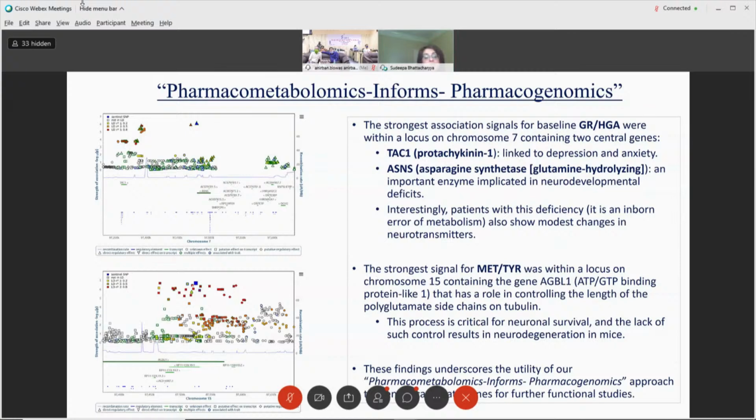And the signal for the methionine tyrosine interaction was within a locus in chromosome 15 containing the gene AGBL1. It has a role in controlling the length of the polyglutamate side chain on tubulins.